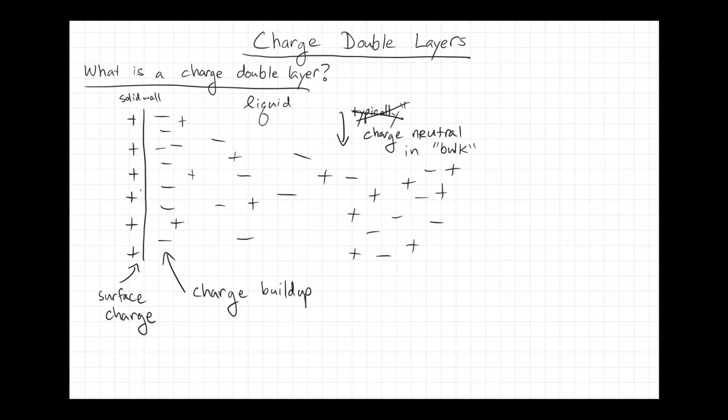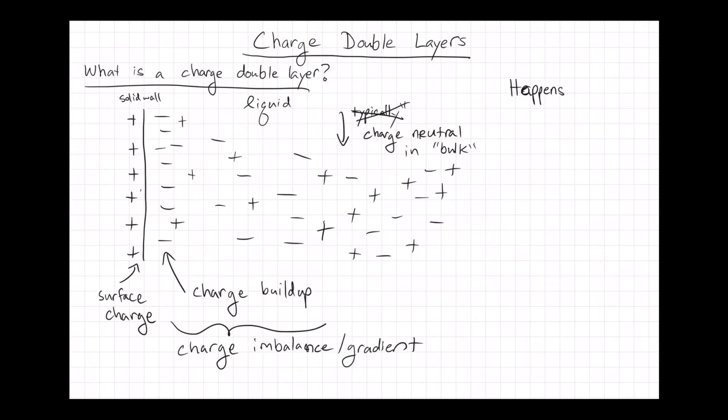And then there's a gradient, essentially a charge imbalance, not just on the wall, but in a small region near the wall as it transitions from a net charged liquid to the charge neutrality in the bulk.